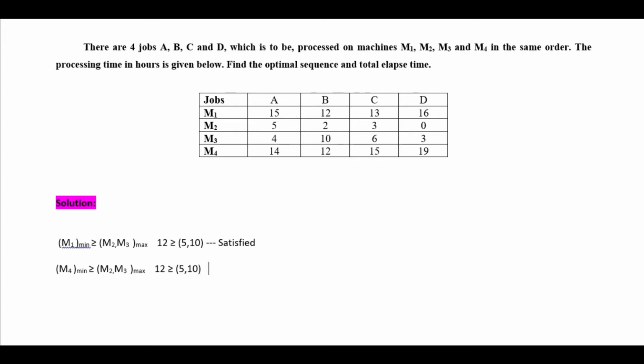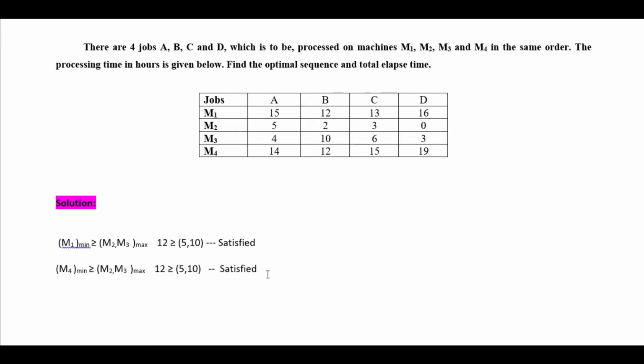So in this case the second condition is also satisfied. So both the conditions are satisfied, and we can proceed with the problem further. In some cases only one of the conditions may be satisfied; at least one of the conditions must be satisfied to proceed further.